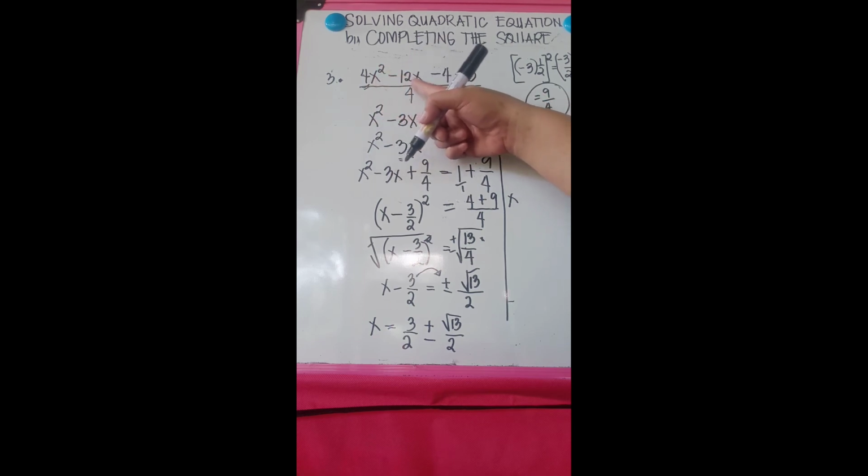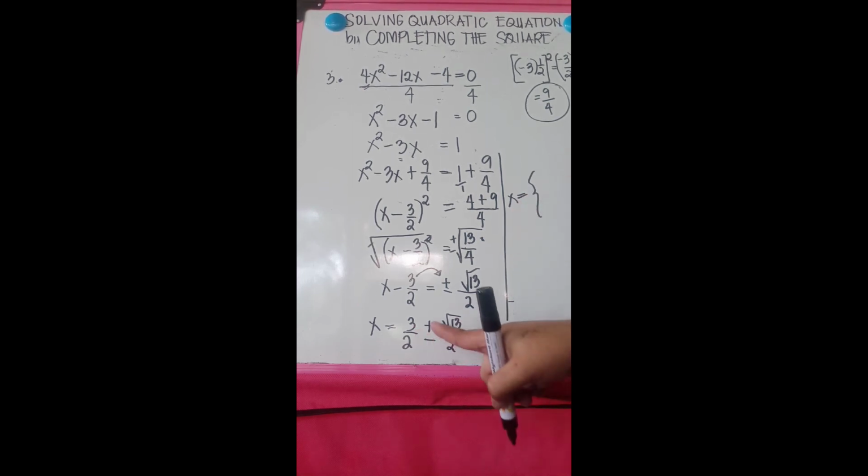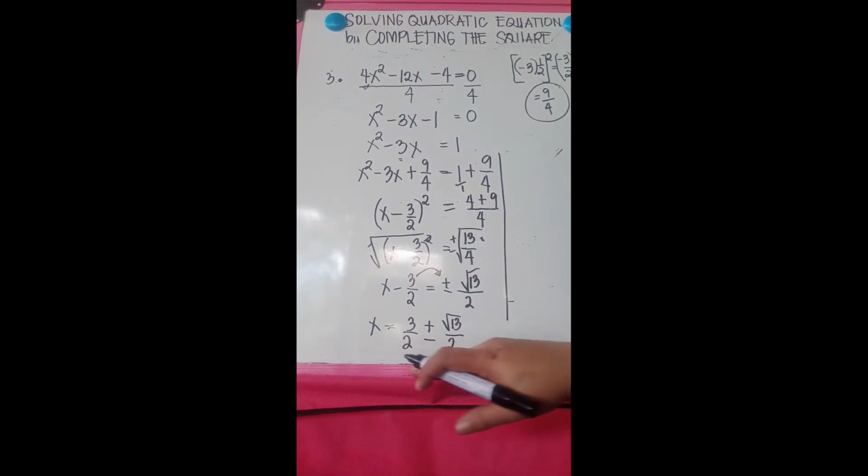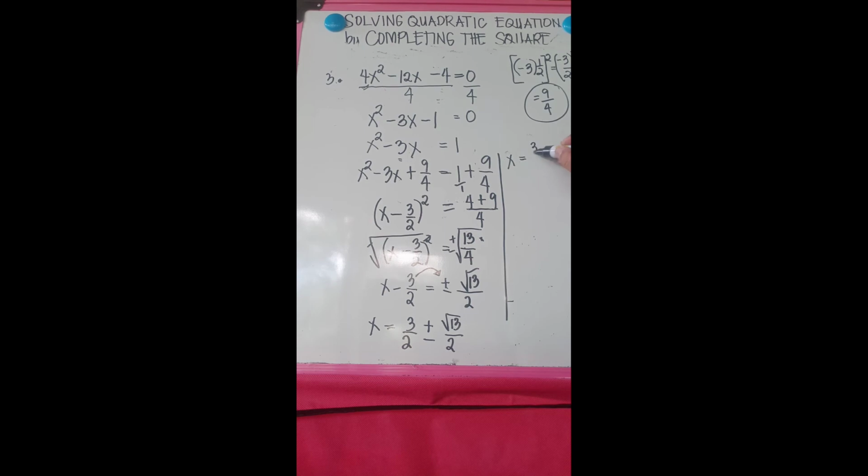So, for the solution of the equation 4x squared minus 12x minus 4 equals 0, x. Okay, ngayon, so, simplify na lang natin to. So, since the denominators are the same, we have now x is equal to 3 plus or minus square root of 13 over 2.